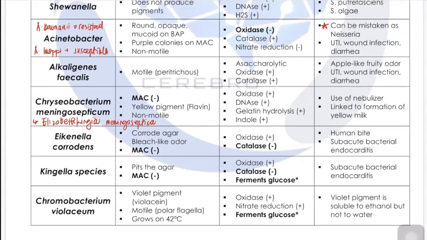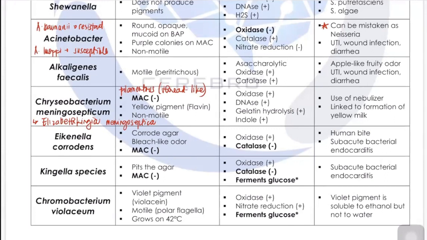Mga ano sila, no, mga fastidious, no? So usually they do not grow on MacConkey agar. Okay, so hinighlight ko din dyan guys, no, yung mga MAC negative. So this is a filamentous organism. Okay, ibig sabihin meron siyang thread-like structure, MAC negative, yellow pigment on sheep's blood agar plate because of flavin, and it is non-motile.